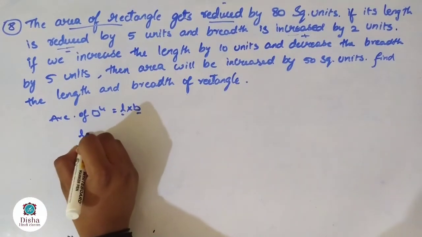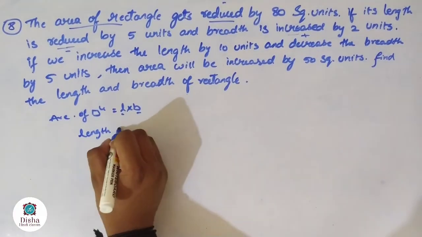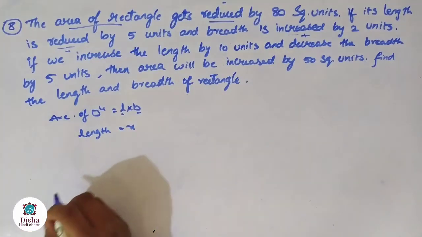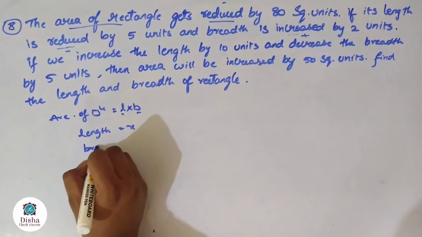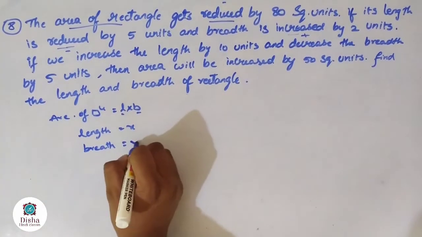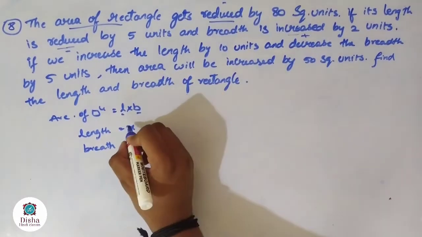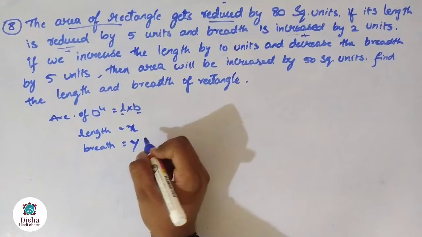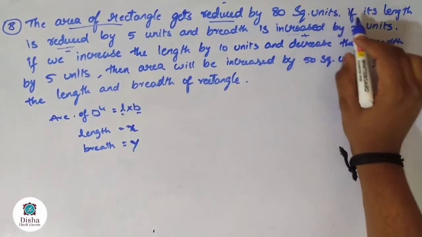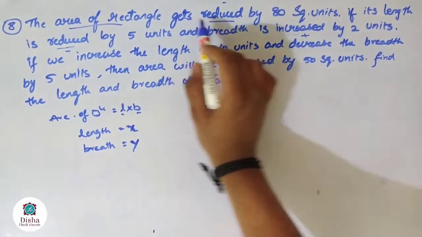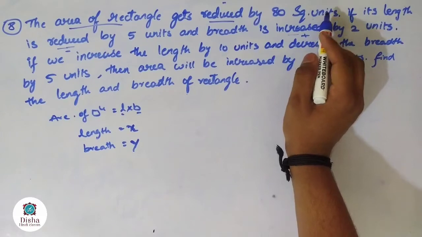So let us consider length as x, and breadth as y. Now here the area of the rectangle gets reduced by 80 square units.